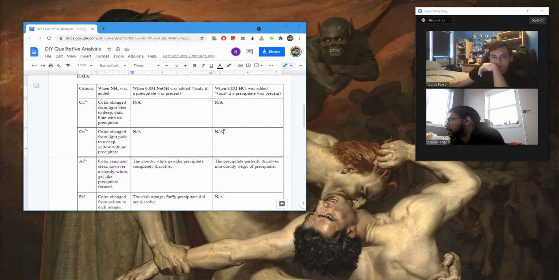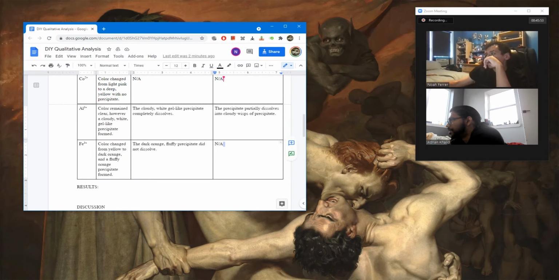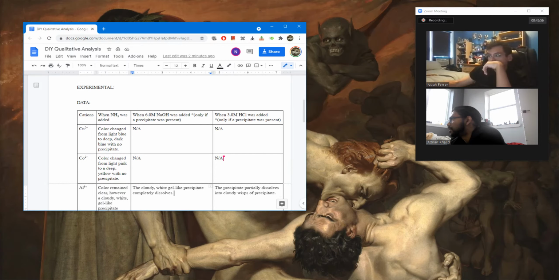We can see if we need to change anything afterwards. I think what they're doing is these different data tables are just added. Table 1 is when you add ammonia, table 2 is when you add sodium hydroxide, but what we're doing in our experiment is adding the ammonia first, and then to that solution we add the sodium hydroxide, and we're adding the HCl.